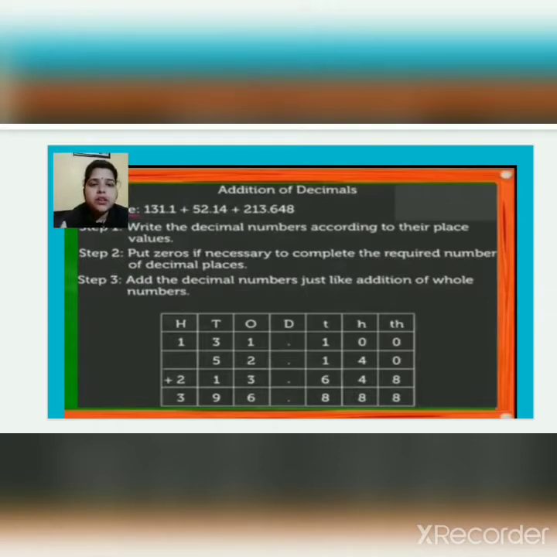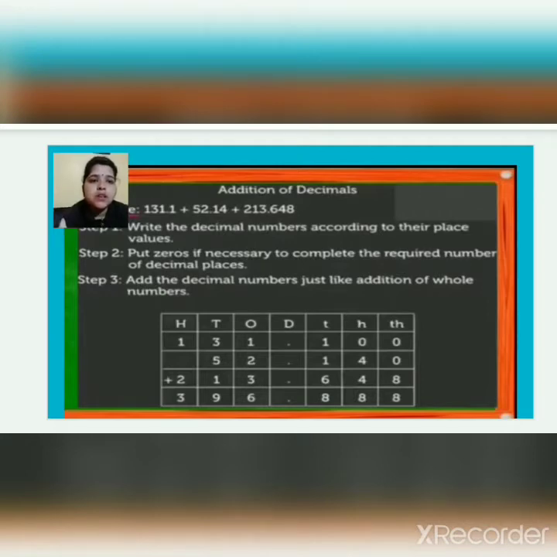It is 131.1 plus 52.14 plus 213.648. First step, write the decimal numbers according to their place value. Place value means ones, tens, hundreds. If the number is the biggest, first write that number according to its place value, ones, tens, hundreds, and so on.